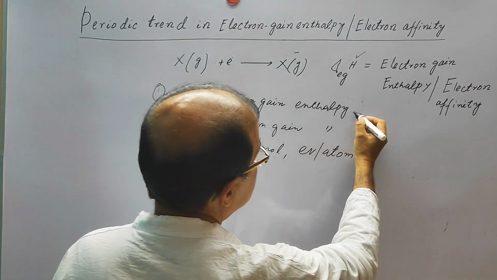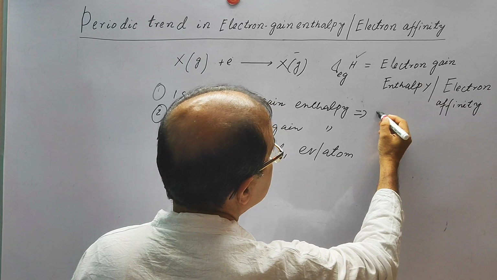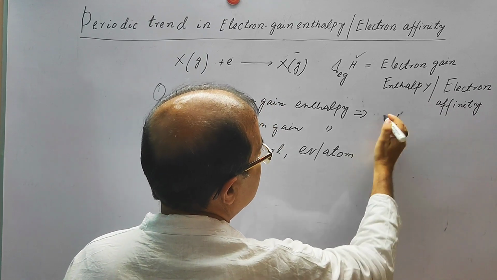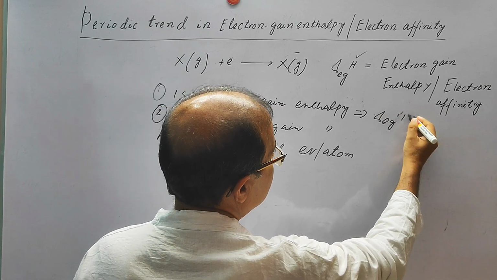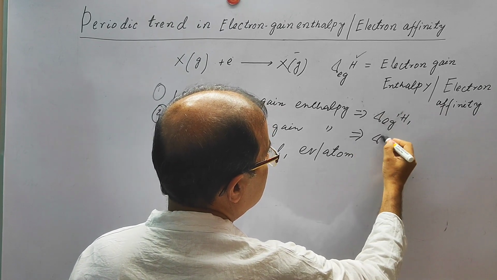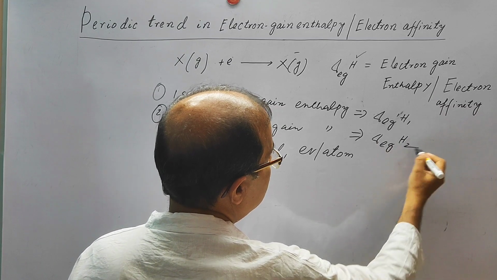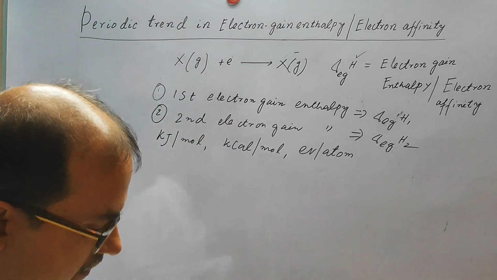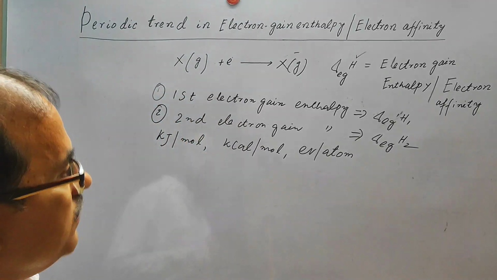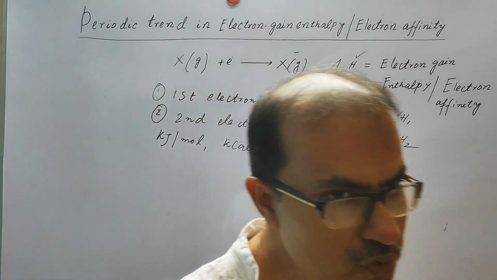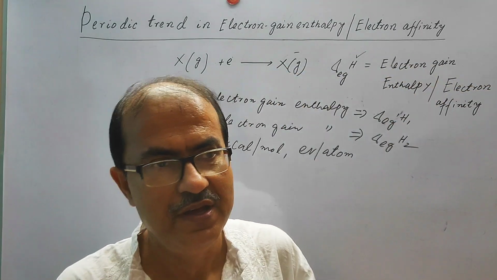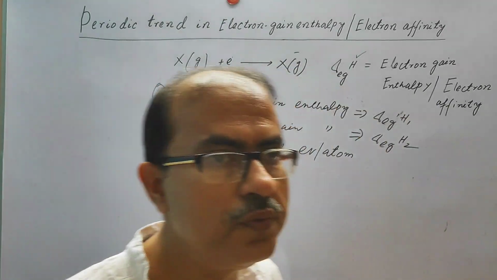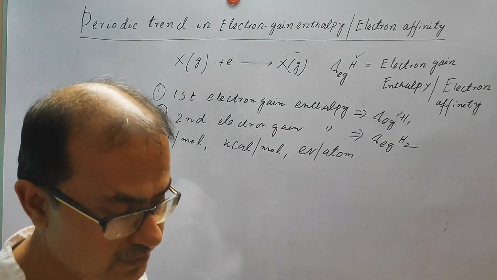So for the first we write del Eg H1, del Eg H2, and for the third, H3. So that is all. Now we are going to understand the trend when we go across the period and when we go down the group. Okay.